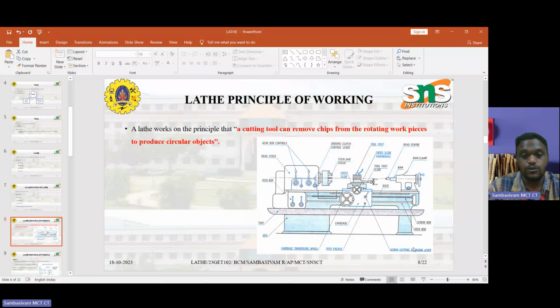I'm going to the center lathe. The basic principle of the center lathe is that the cutting tool removes chips from a rotating workpiece to produce circular objects.